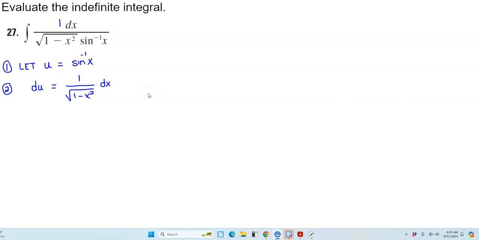So therefore, in step number 3, let's rewrite this. So we have 1 over the sine inverse x times 1 over the square root of 1 minus x squared dx.